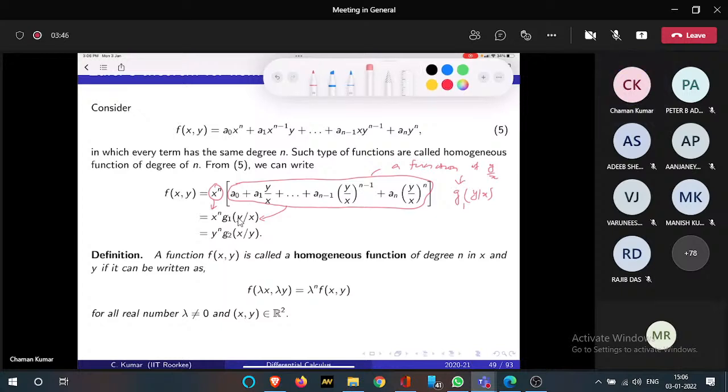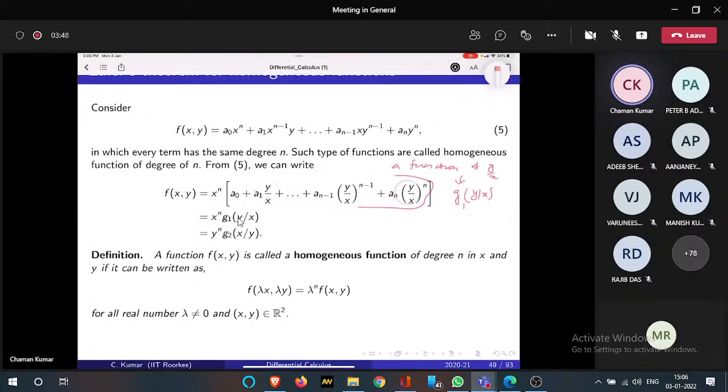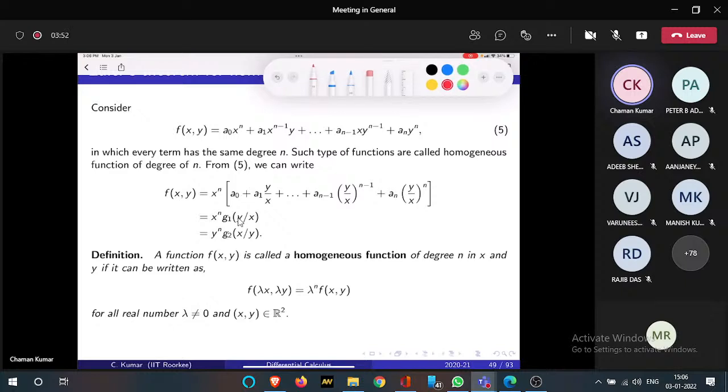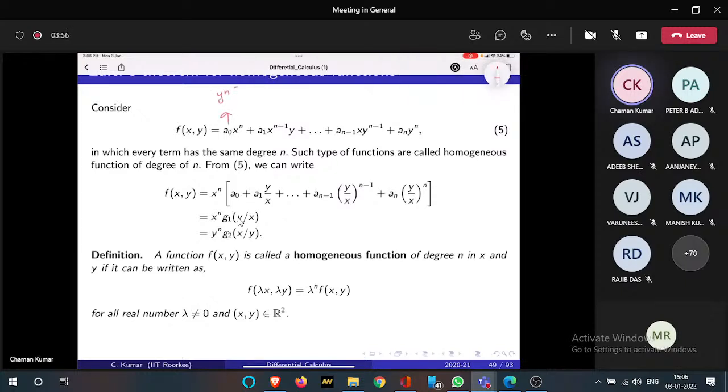Okay. Now instead of taking x raised to n outside, if I take y raised to n outside, then I will have an. Let us start with this last term, an, plus the second last term, an minus 1, and this will be x by y.